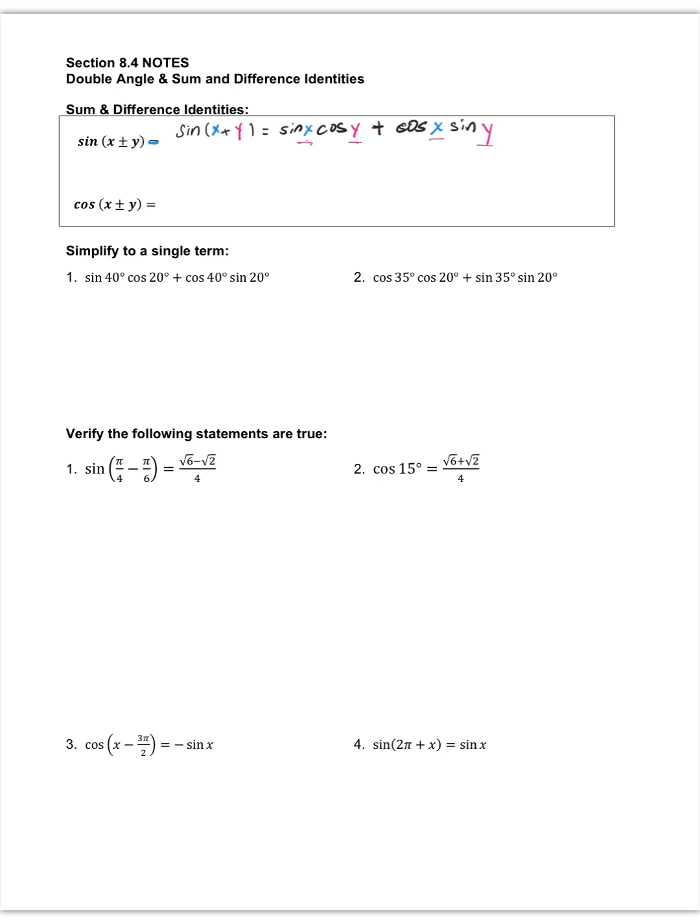The difference is pretty much the same idea, except we're subtracting. So it's the sine of x minus y equals the sine of x times the cosine of y minus, though, the cosine of x times the sine of y.